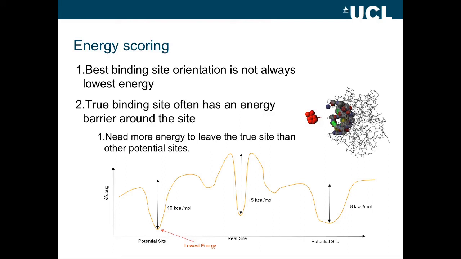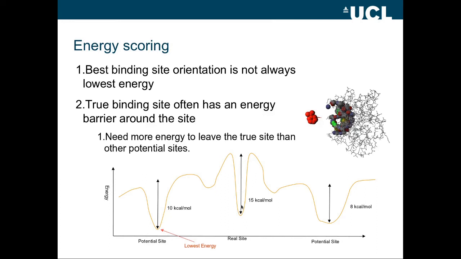So if we imagine this is some sort of interaction profile along here, clearly the lowest energy orientation and binding is at this point. However, to escape from that, we only need 10 kilocalories per mole of energy. Whereas this site, which has a higher overall interaction energy, requires 15 kilocalories per mole to leave it.